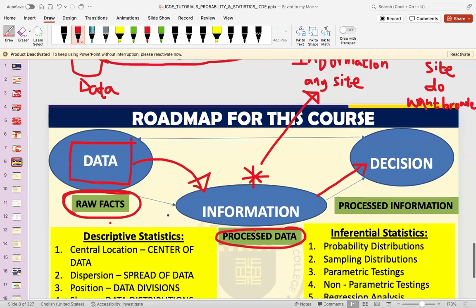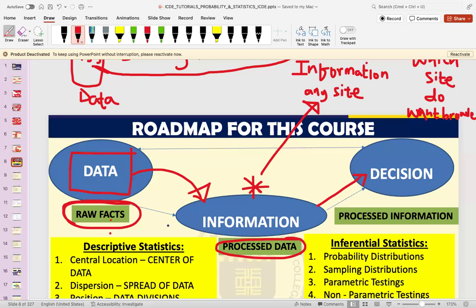And so the relationship here is that data are raw facts, information are processed data, or data which has been processed becomes information. Then the last step is information that has also been processed becomes a decision. So before you take the final decision, it means that you have finished processing the information you have.